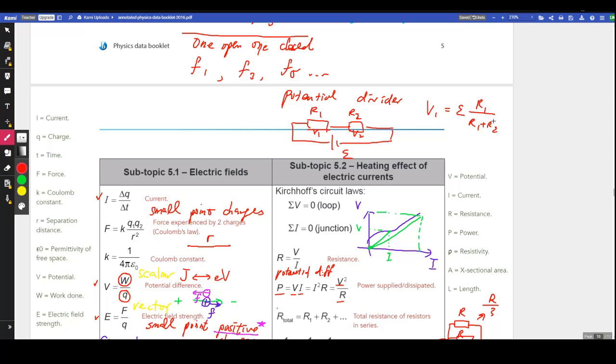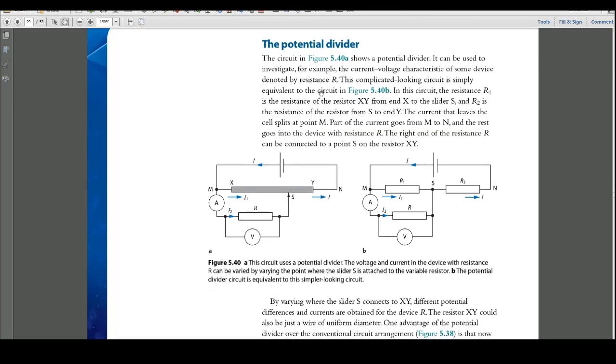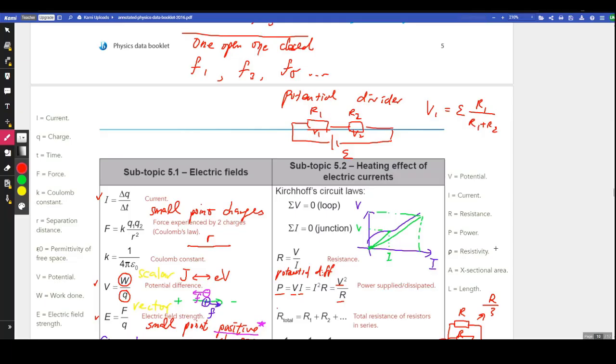This equation usually is quite useful when you are solving potential divider questions. And of course, a picture of a potential divider is something like this, having a contact point where you can adjust. And again, for more details, I think you should refer back to the video that I made earlier.